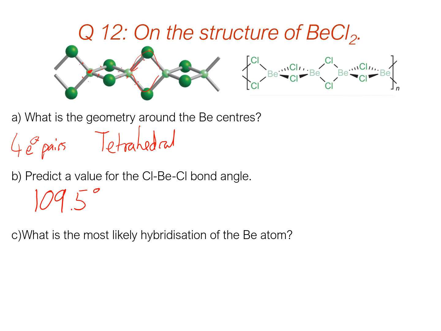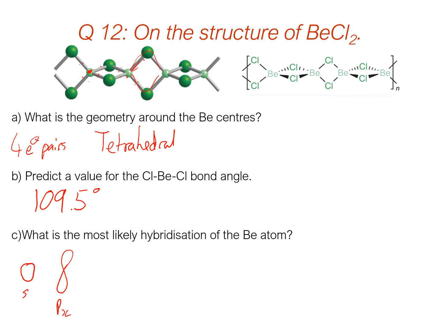And finally, what's the most likely hybridization of the beryllium atom? Now this is going back to the valence bond theory we talked about and the hybridization of s and p orbitals. So in this case, to make a tetrahedral geometry, we have to have the hybridization of one s orbital and all three p orbitals.